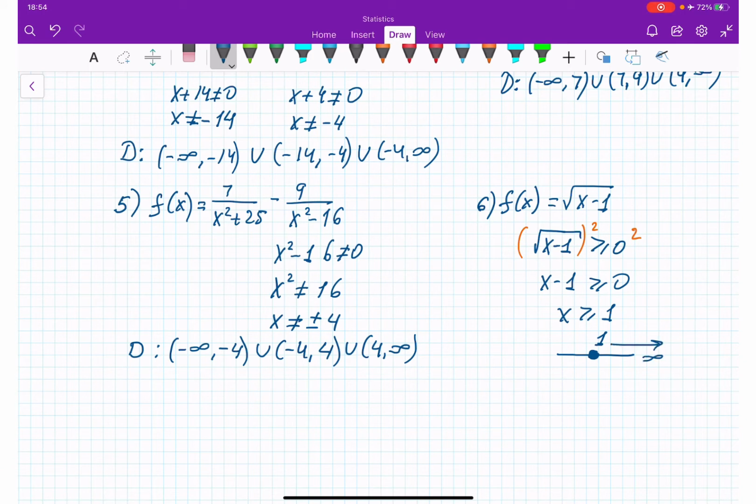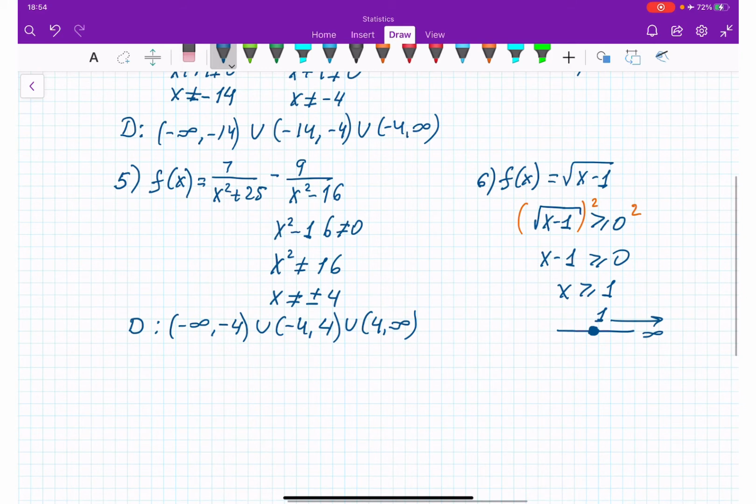That's going to be our domain. So the domain in this case, let me clean this. The domain in this case is going to be square bracket 1, because 1 is included, and all the way to positive infinity. Okay?